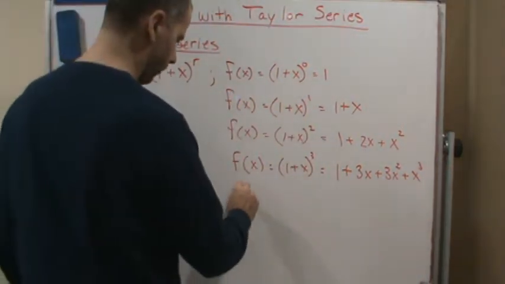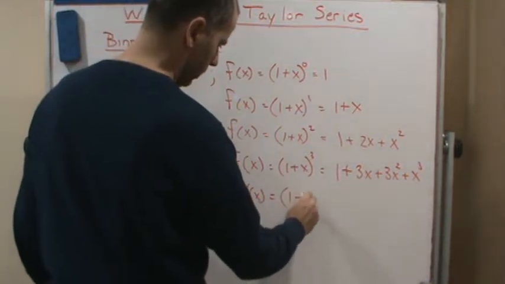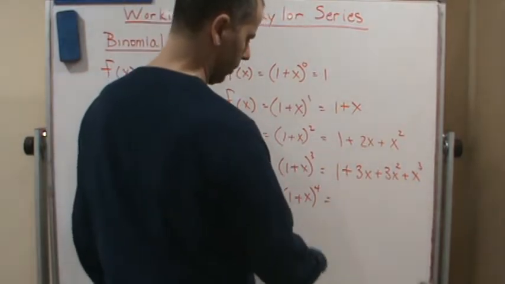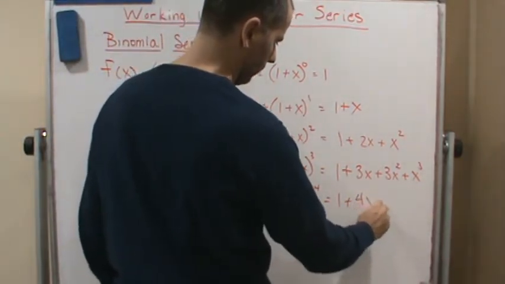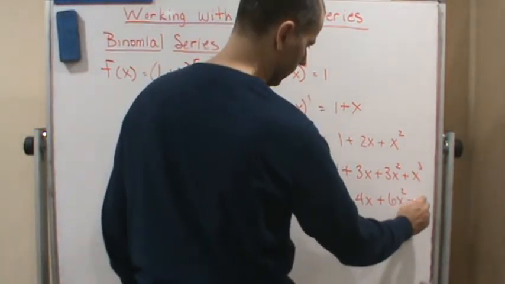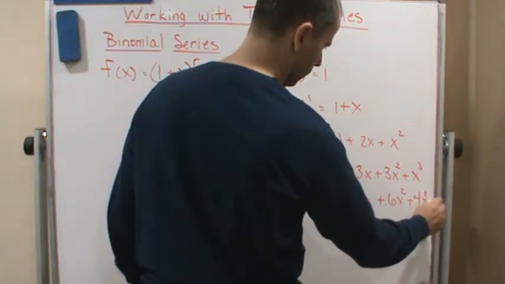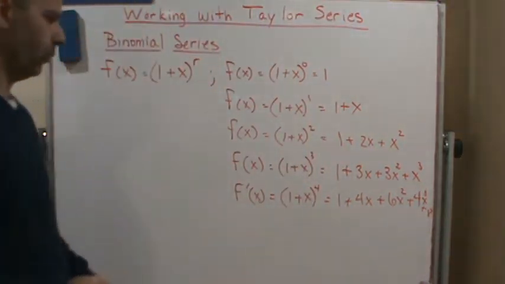And if we go up to 4, this is going to become 1 plus 4x plus 6x squared plus 4x cubed plus x to the 4th, right?